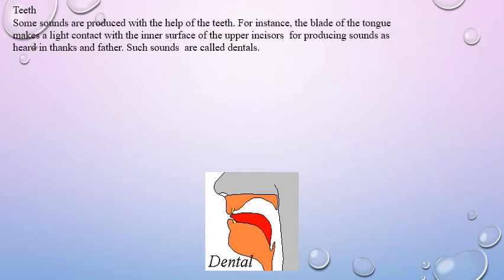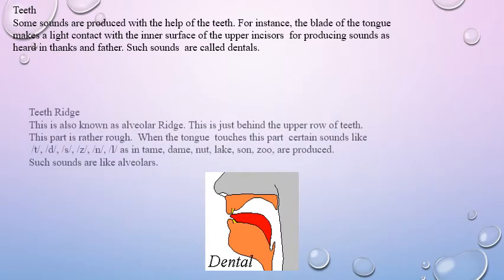Whether it is the voiceless or the voiced th, the tongue touches the inner part of the upper incisors. Such sounds are called dental sounds.